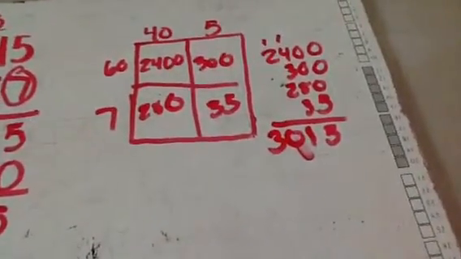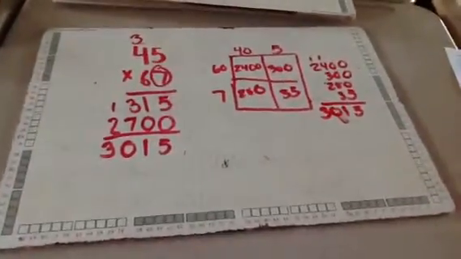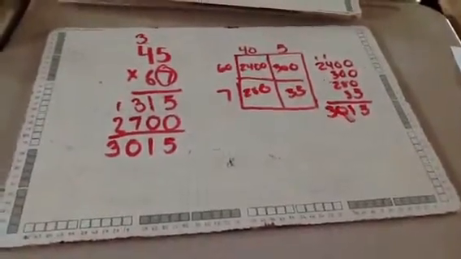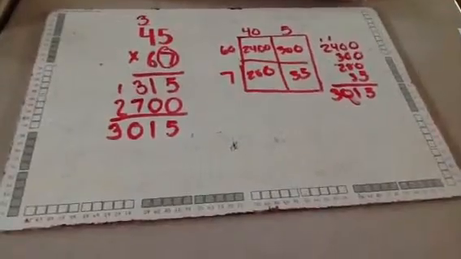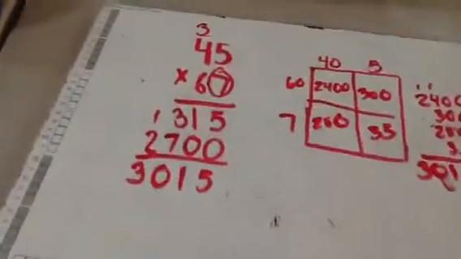And my final answer again is 3015. So you can see with both strategies, I got 3015 with both. Same answer, different strategy. They both get you to the same spot. So that was the first problem.